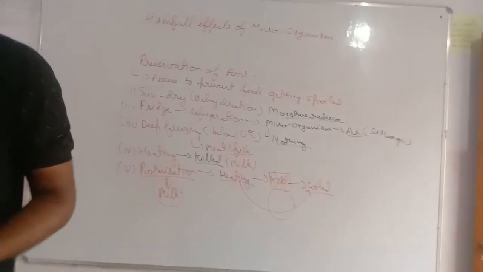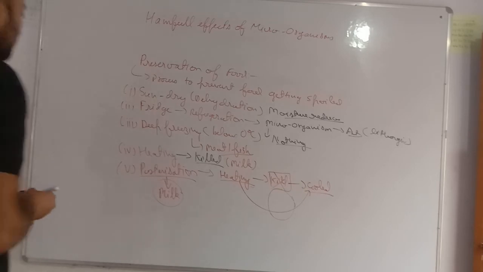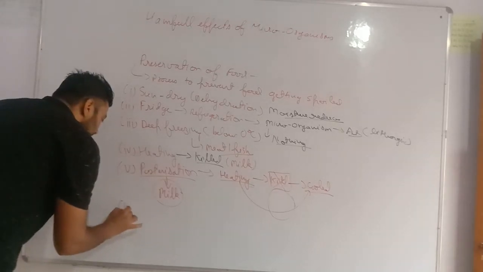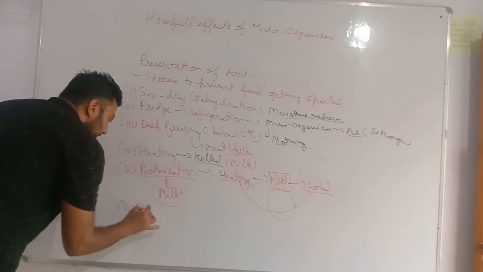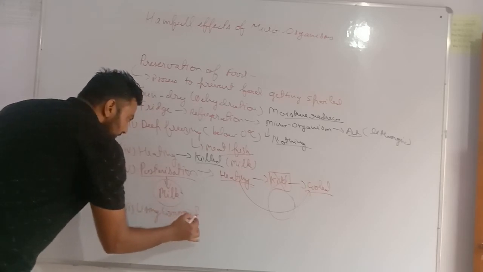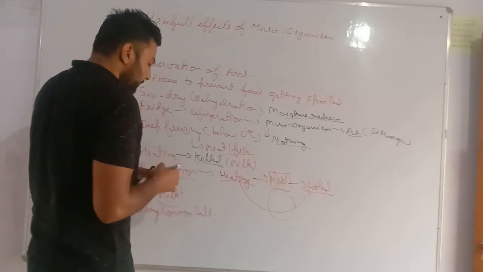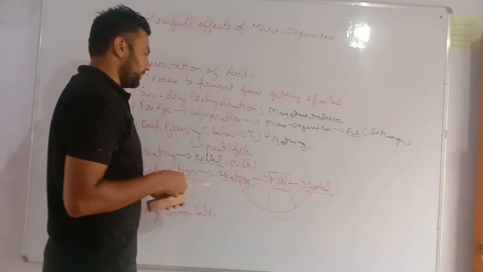See my dear students, many common things are also practiced by our mothers or normal industries for the preservation of food. The first and the best one is using common salt. Common salt kills the microorganisms.